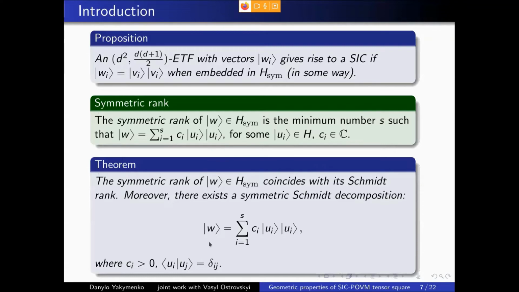Every symmetric vector can be written as a linear combination where these UI are orthogonal to each other and have unit norm.